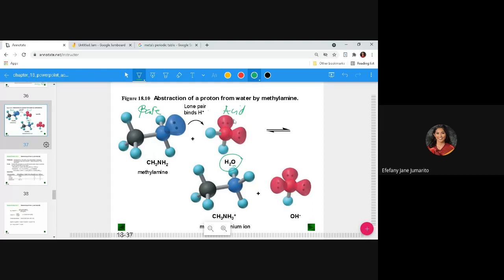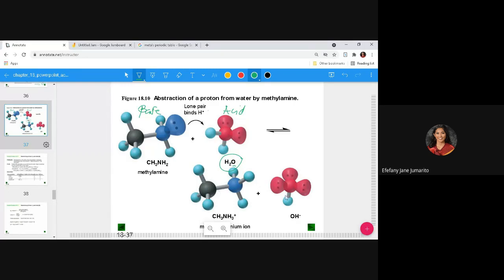Then what is the conjugate base? Base accepts a proton.